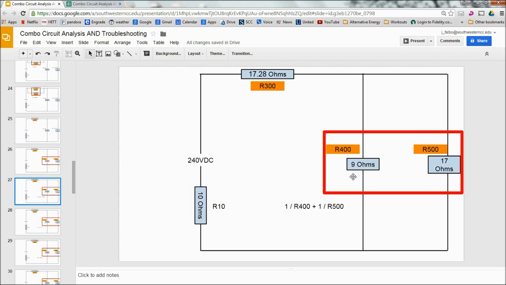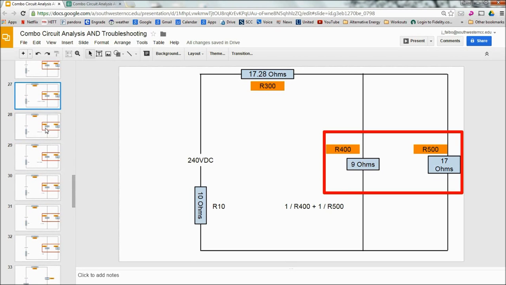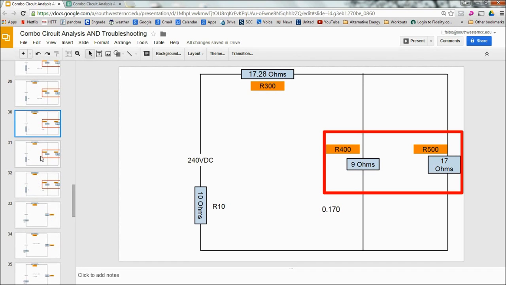So we're going to have to use that reciprocal formula again, which is 1 divided by this value plus 1 divided by that value, which equals that. And then once we get the answer, we take the reciprocal of that, and that answer is going to be the resistance of this parallel branch.